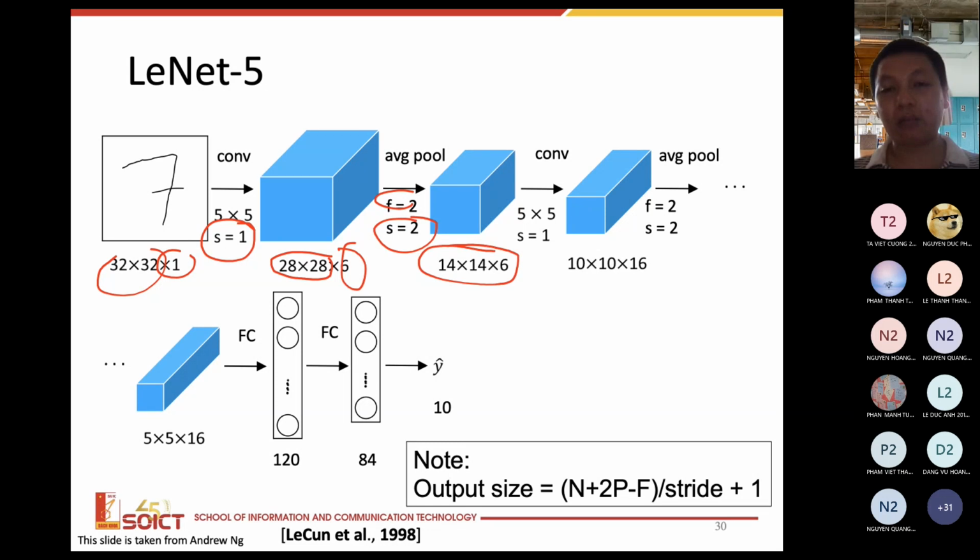Then the convolution layer reduces the size to 10 by 10, and you have 16 convolution neurons like this, so it will output 16 layers, right? And then again average pooling.